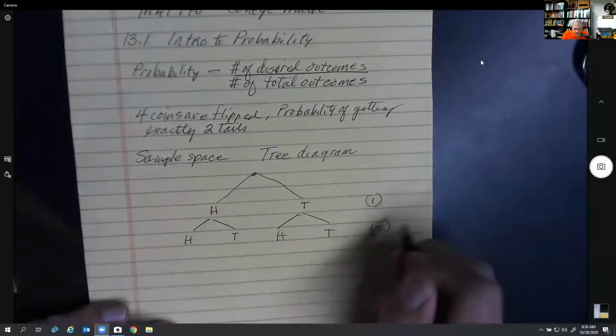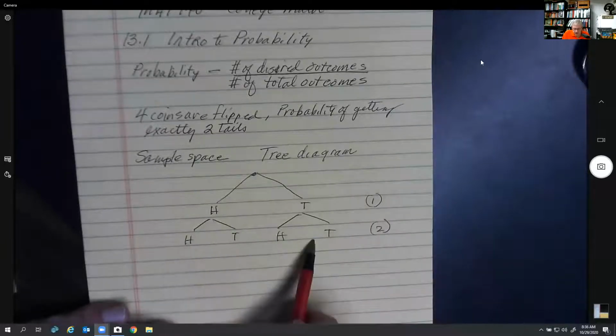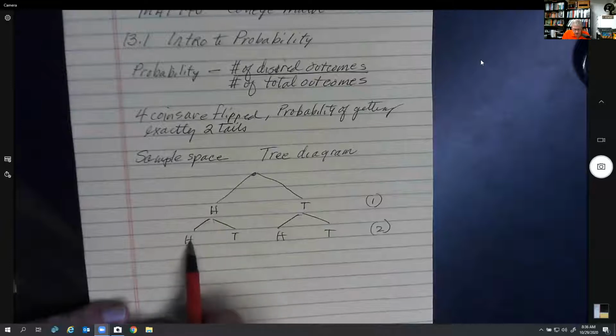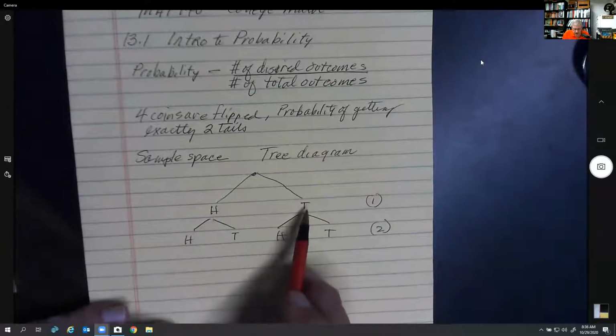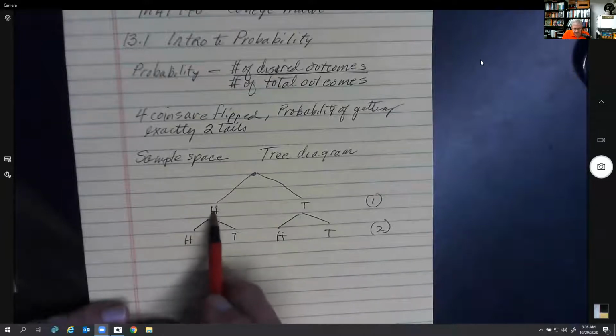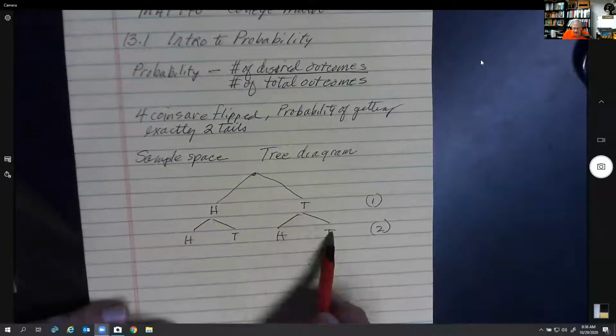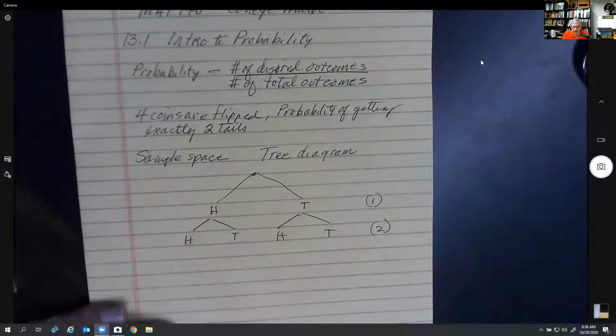So we see there's 2 combinations each. So I could get a head and a head, a head and a tail, a tail and a head, a tail and a tail. Those are my combinations.